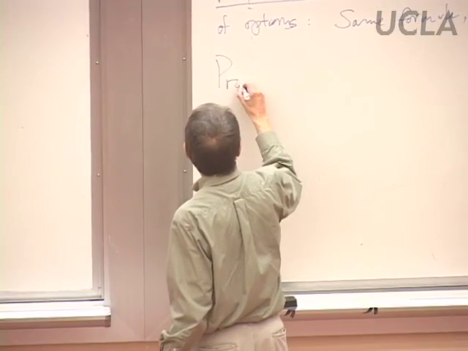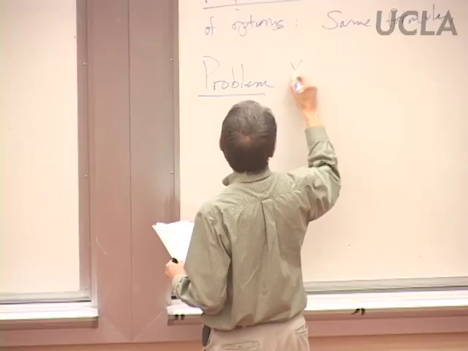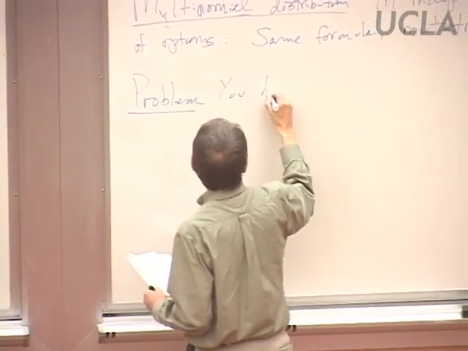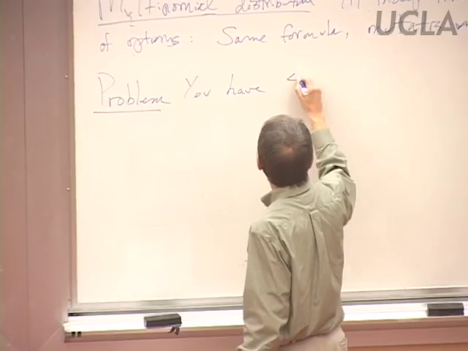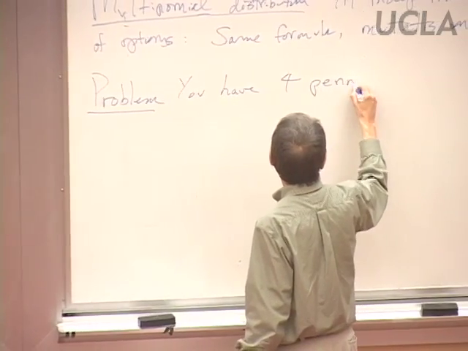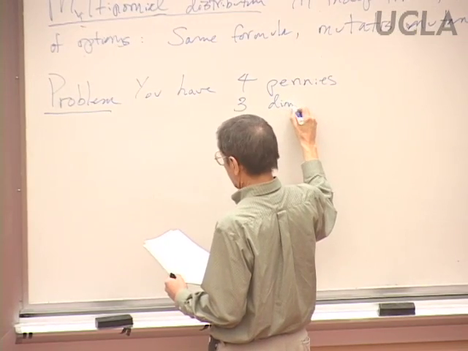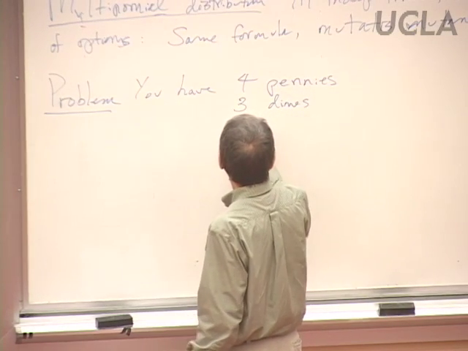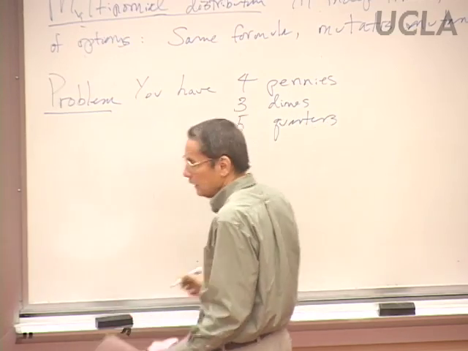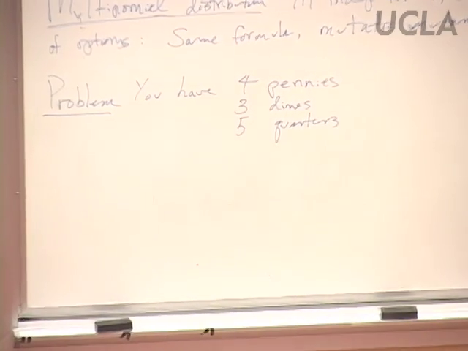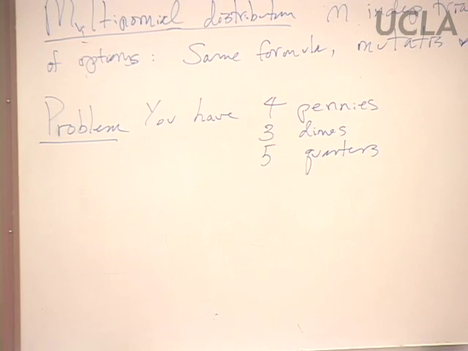Let's work a problem. Okay, you have some coins in your pocket. There are 4 pennies, 3 dimes, 5 quarters. Okay, we're going to, some number of times, select a coin and replace it.